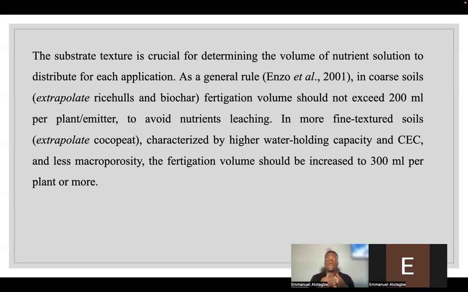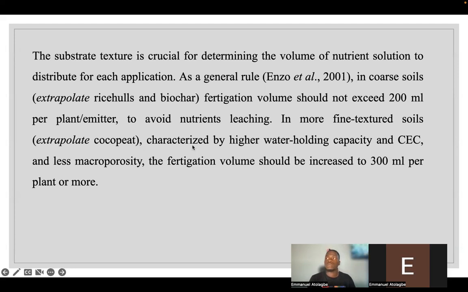So in this light, you are required to apply more nutrition per time if you are using, say, Rhizol and biochar, because they easily allow the escape of fertilizers, hence leaching. Unlike fine textured substrates like cocoa peat and loamy soil, that take in nutrients and hold them for a longer period of time.